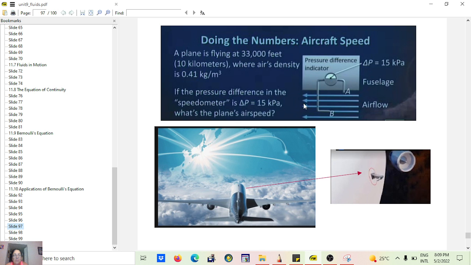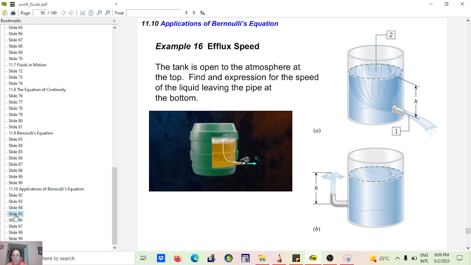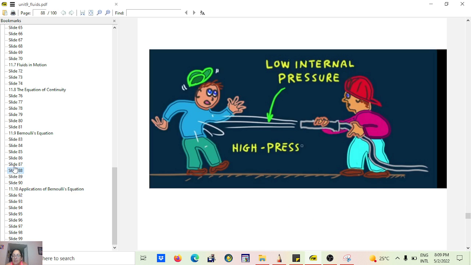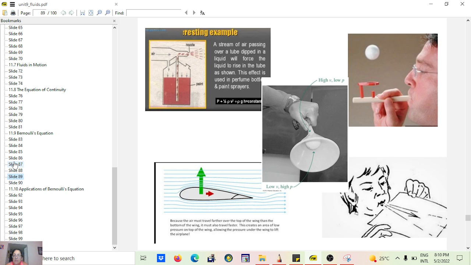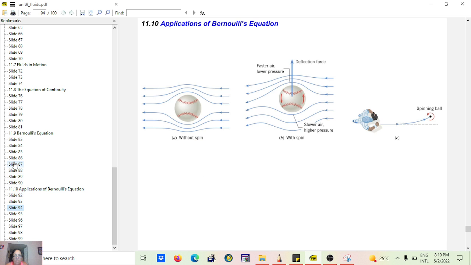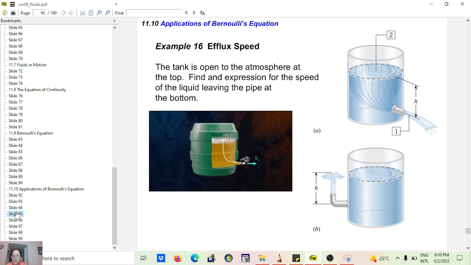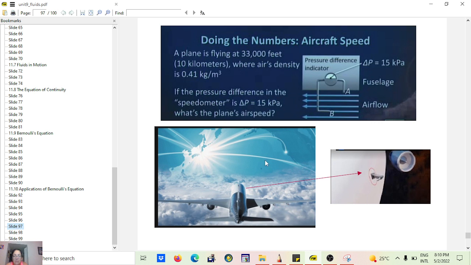So this is similar to that idea here. I don't know where it is. This one. Okay, it's kind of the same idea. So this is something you attach on the plane here on the fuselage.